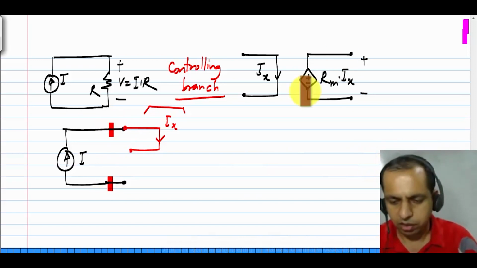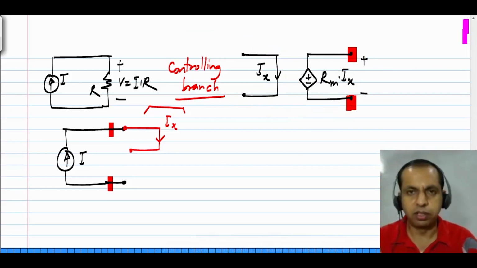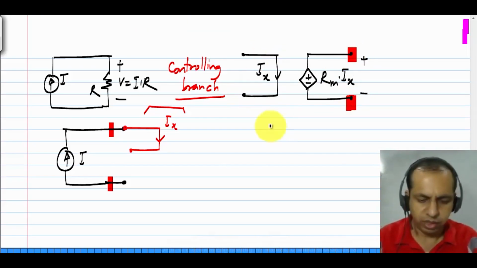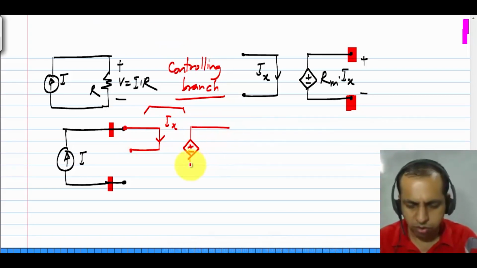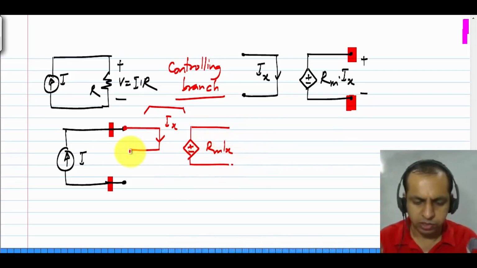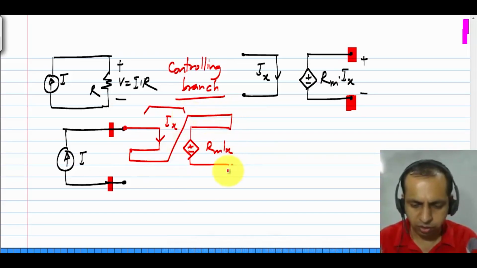Okay. And here I have the voltage between these 2 points to be proportional to the current Ix. Okay. So, what do I do? I just place the controlled branch in series with this whole thing.